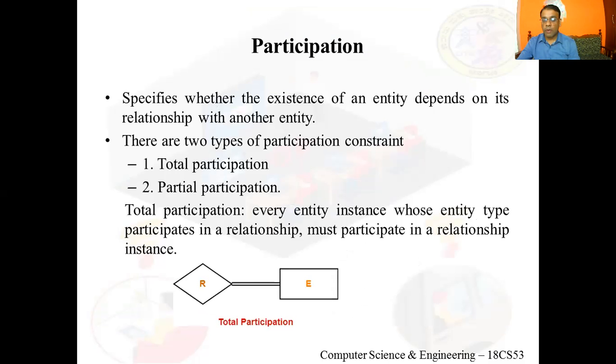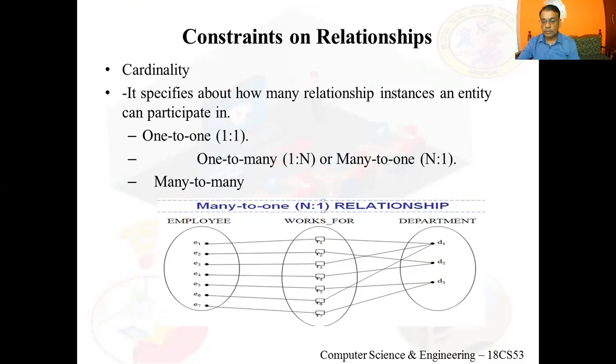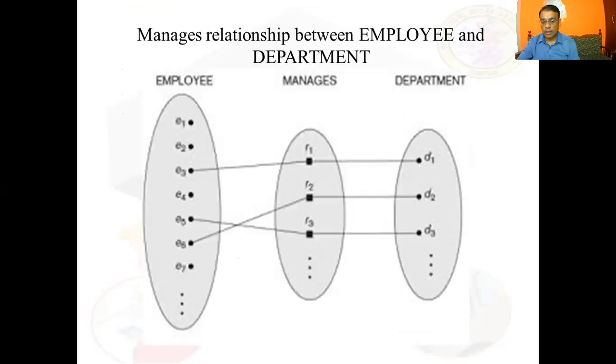Now we'll talk about partial. I'll go for manages. In this case, not all employees are participating in the manages relationship type. Only three are participating in the manages relationship type.